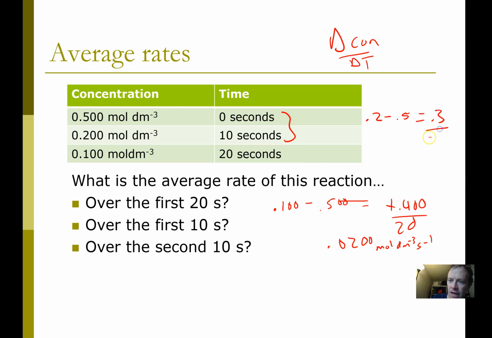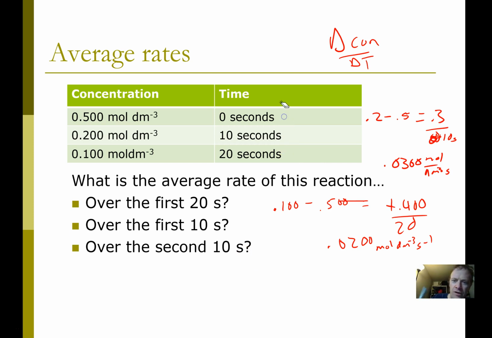And the time interval is only 10 seconds. So 0.3 divided by 10 is 0.0300 mole per cubic decimeter per second. So in the first 10 seconds, the concentration decreased by 0.3 in 10 seconds, so that's 0.03 mole per cubic decimeter per second.